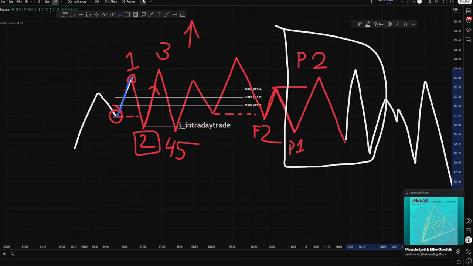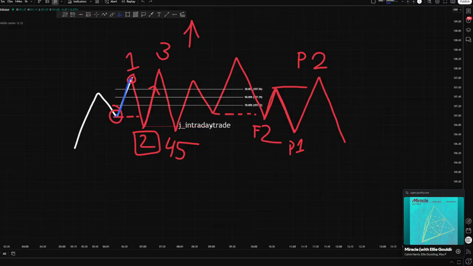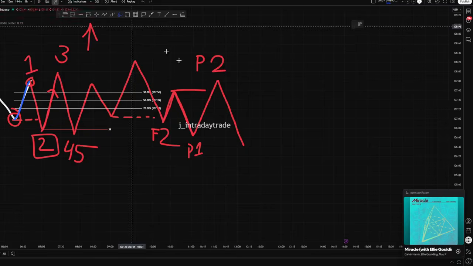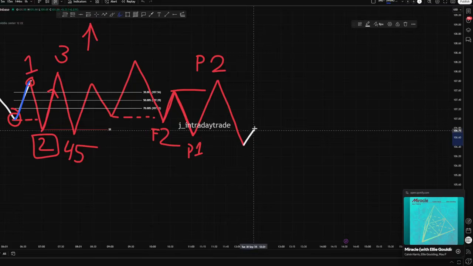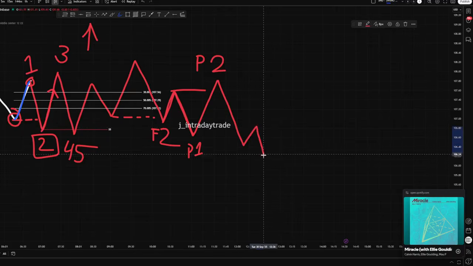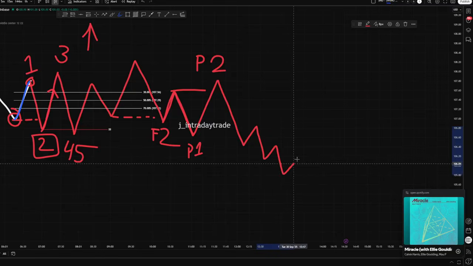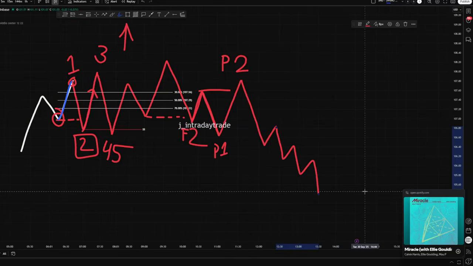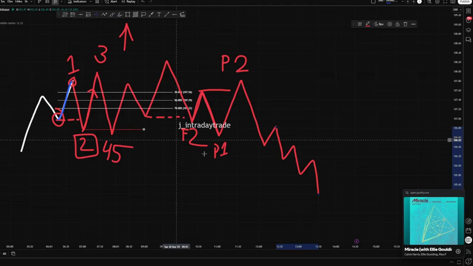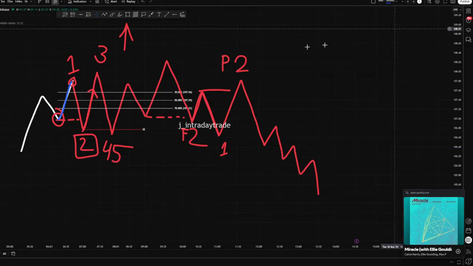Right? So then price does this. Bad. Right here. What we call this in this group is an inefficient sequence.